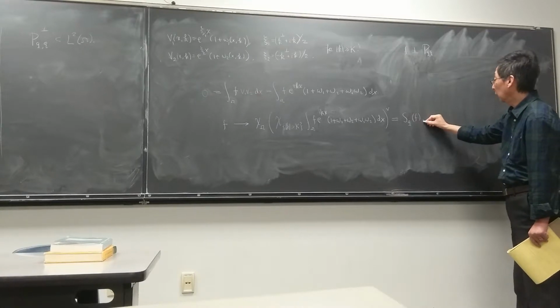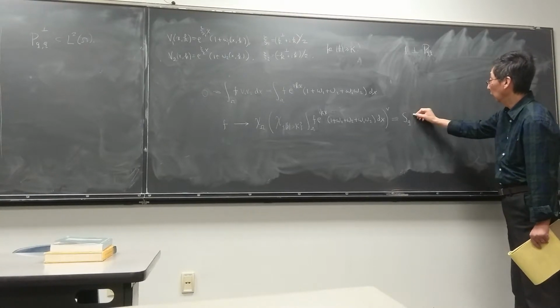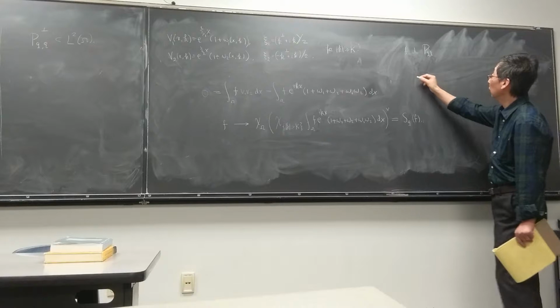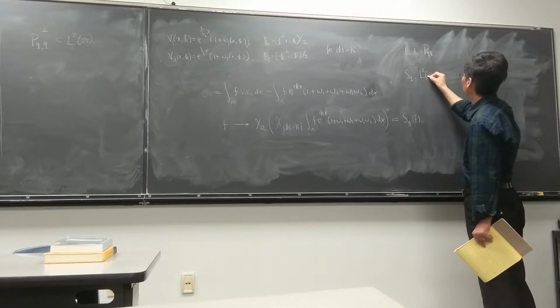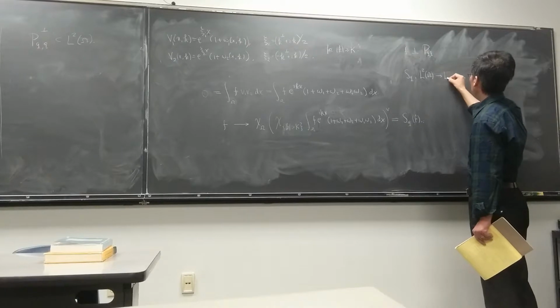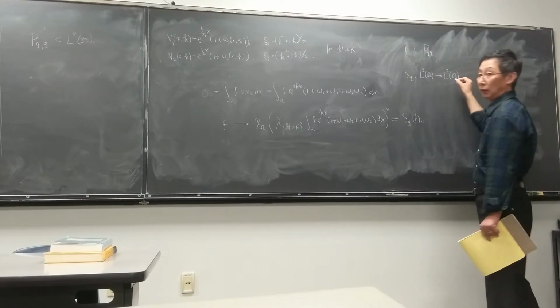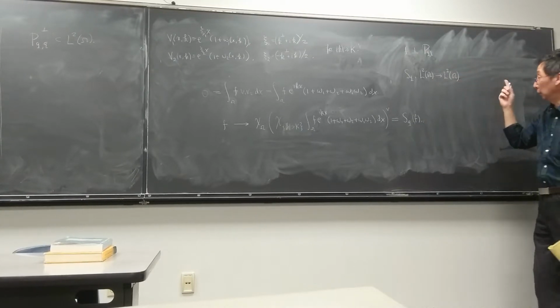Now this operator can be considered, so it applies to F, right? So S cube is considered as a map from L2 omega to L2 omega, right? It maps to the same space.